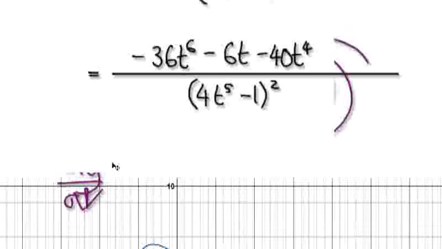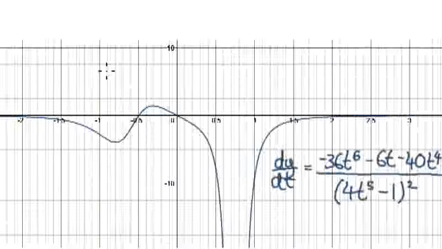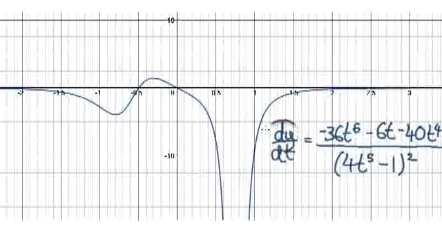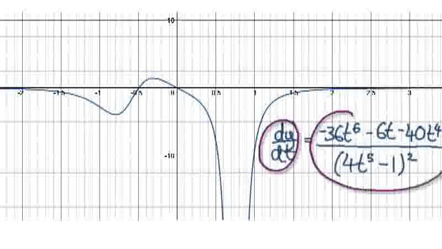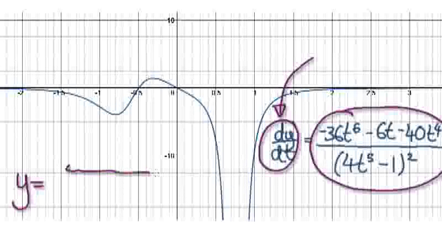Okay, but at the moment I have to say dy by dt equals this whole thing here, because I'm trying to communicate to you that this here is the gradient graph. But when you come to plot it on a graphics calculator, you have to use another function, or another graph, another line equals this whole thing here.